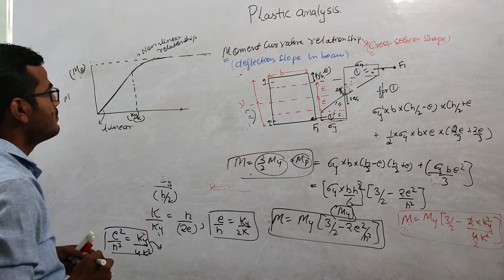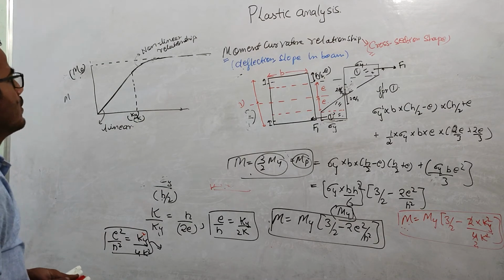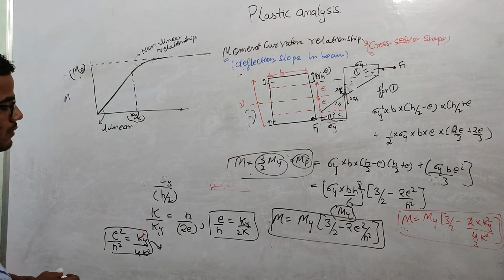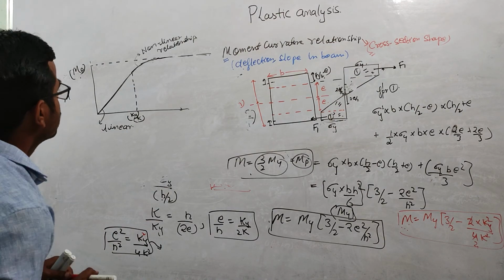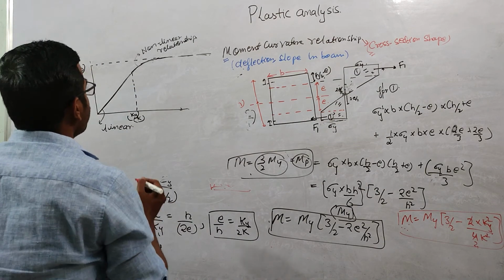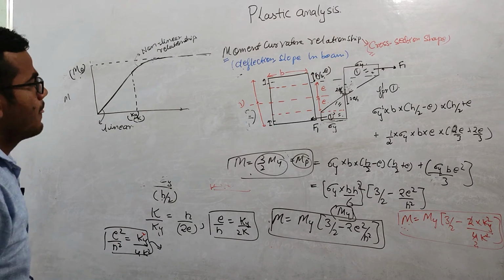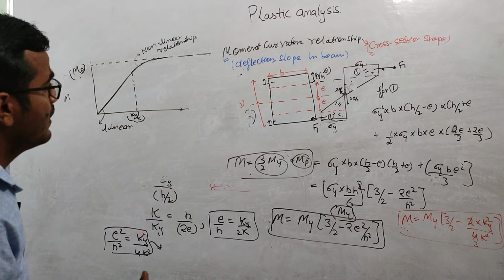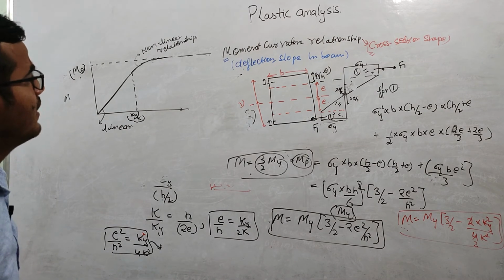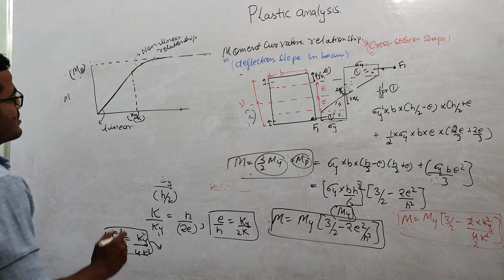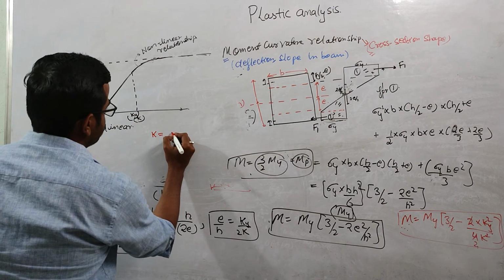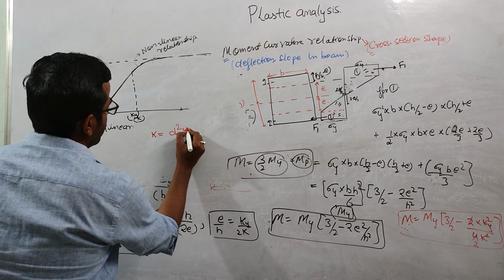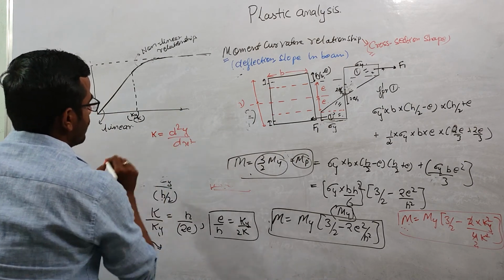Okay, right? So this is the thing I want to discuss with you guys. Now the purpose of this thing is basically we have one relation that curvature is equal to d square y over dx square.